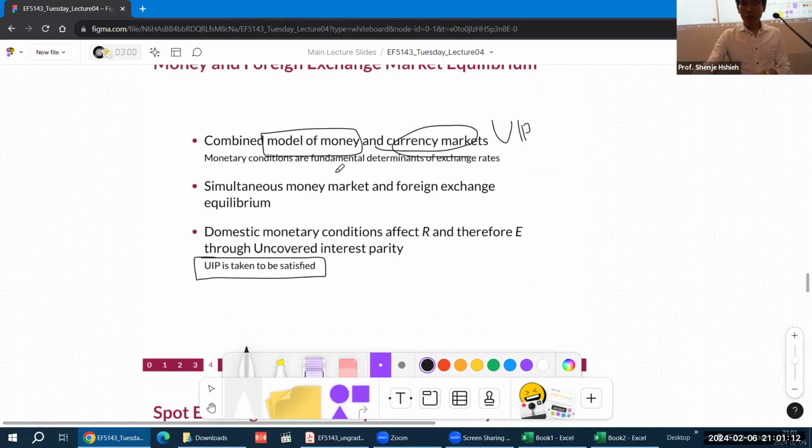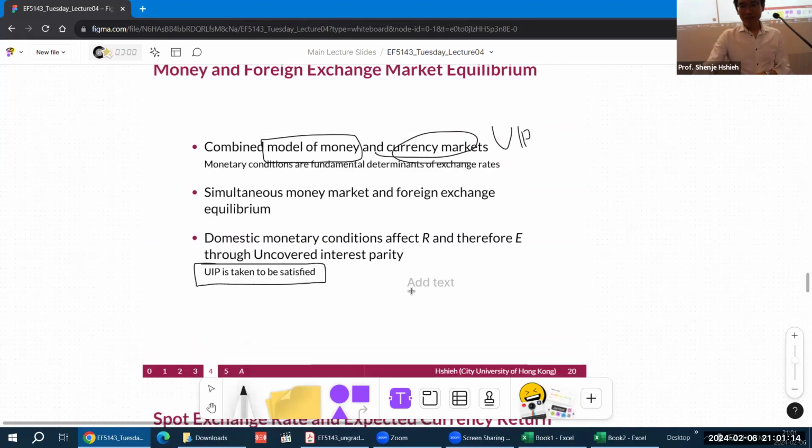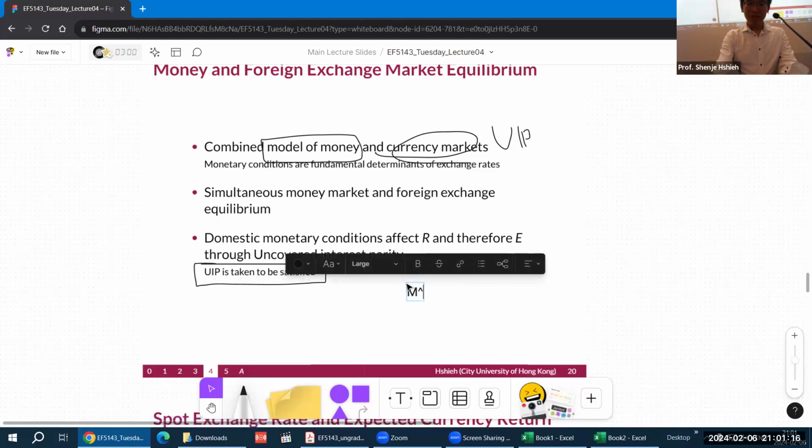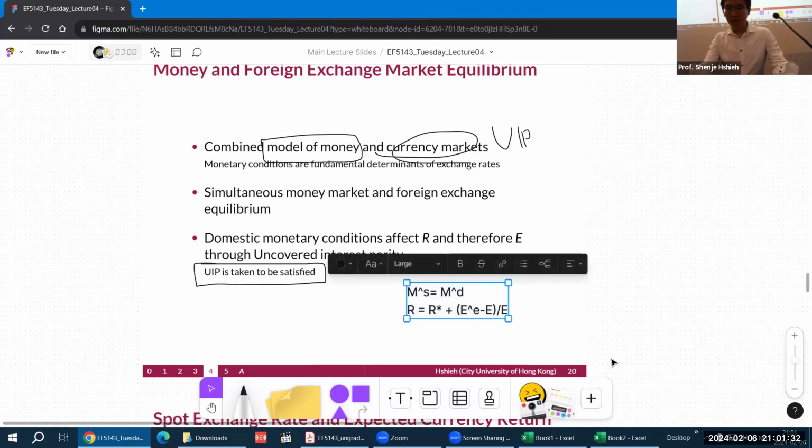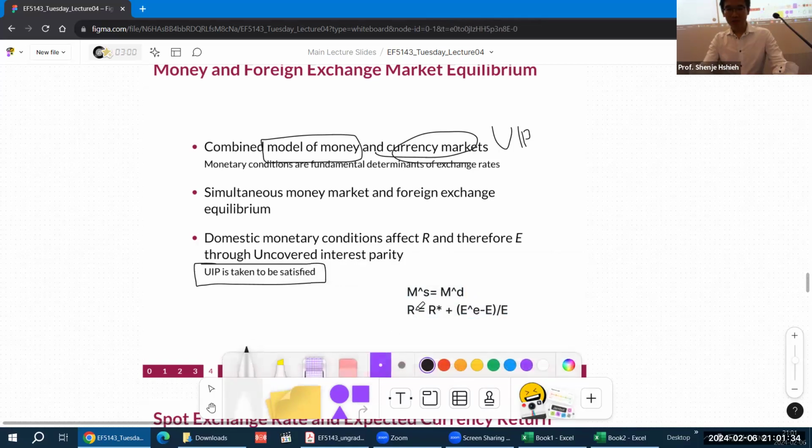So how do you represent money supply equals money demand and UIP, which is R equals R star plus the expected change, E hat? We're going to combine this model through interest rates.